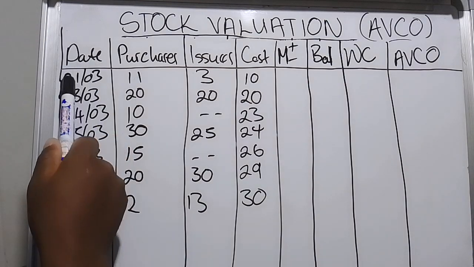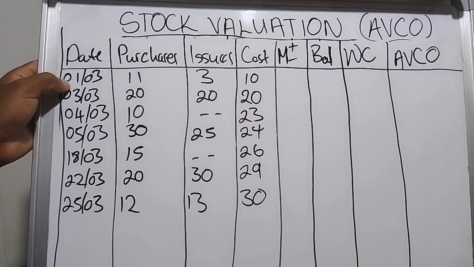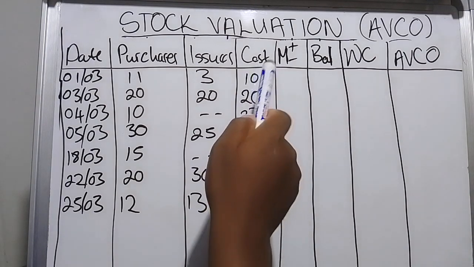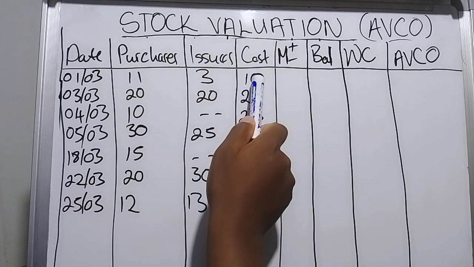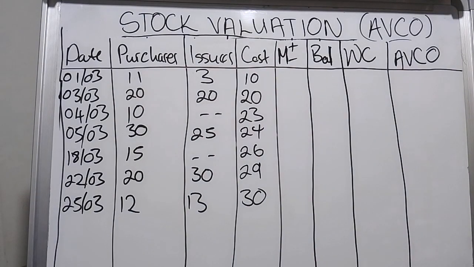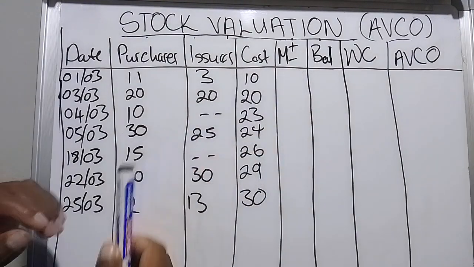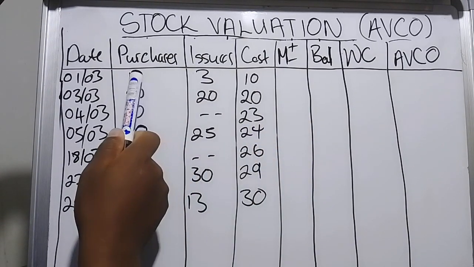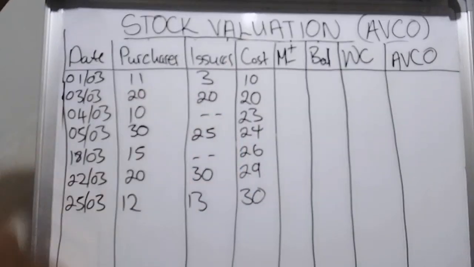Let's go to the first date, the 1st of March. We purchased 11 items at the cost of $10, but we also issued out 3 items. So what it means is the movement in stock. To get the movement in stock, we need to deduct what we issued out from what we obtained.